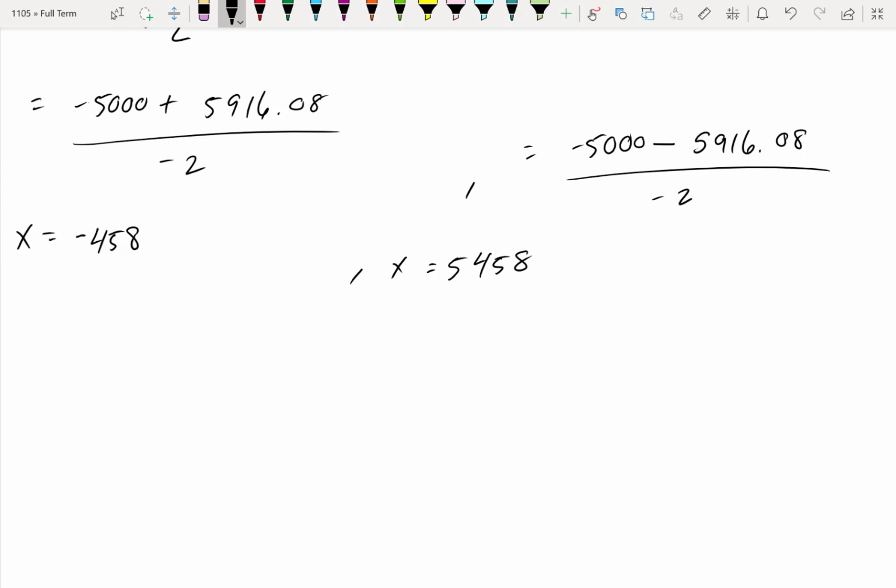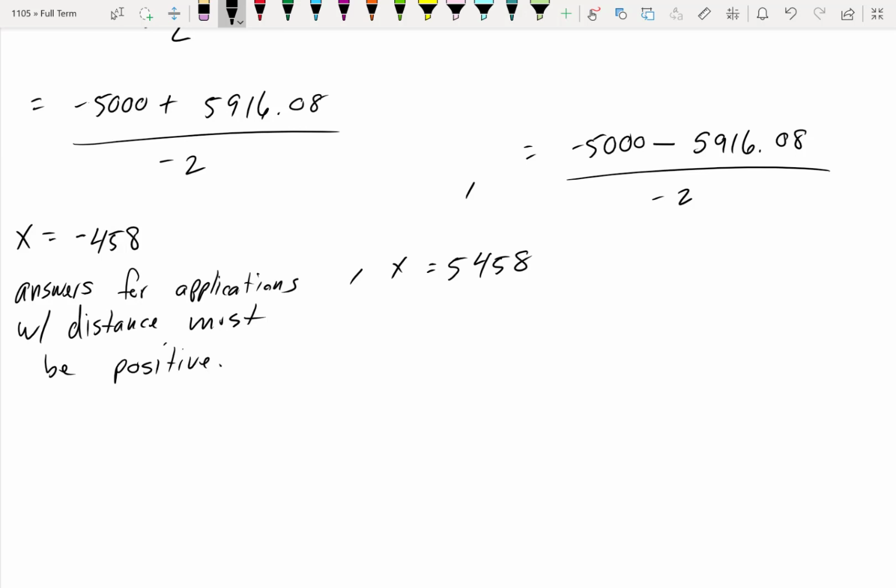Can you travel a negative horizontal distance? You can't. You can walk backwards, but you're not walking negative, you're just walking backwards. So your answers for applications with distance must be positive. So our answer is 5,458.